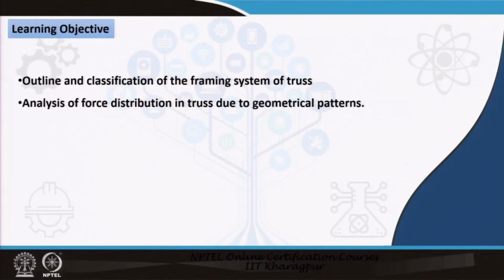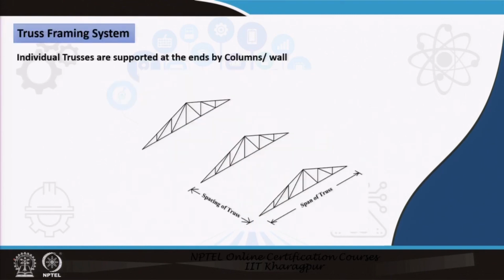The learning objective of this lecture is to outline and classify the framing system, and to analyze the force distribution of the truss due to given geometrical patterns. The trusses we have discussed so far are individual trusses, how to analyze an individual truss, and the different parts and geometrical formations.